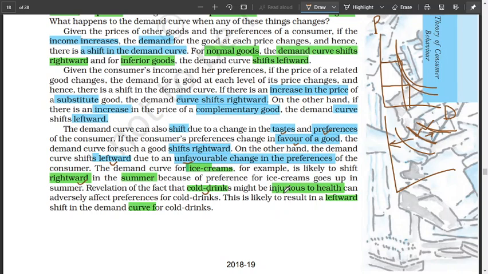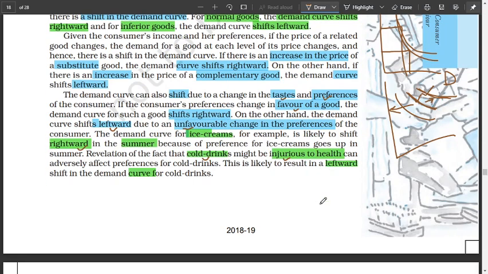But if there is a need to reveal in advertisement that this product is injurious to health, then people would think twice to consume it. So even though it's a cold drink during summer, people would not go for it. So demand will shift to the left.